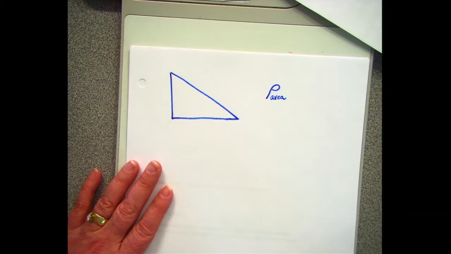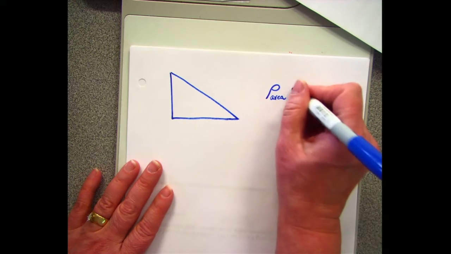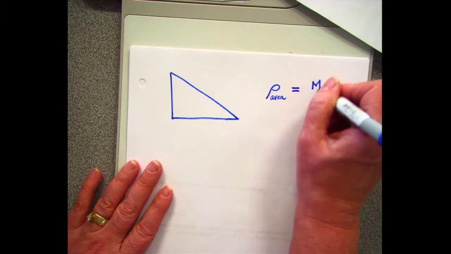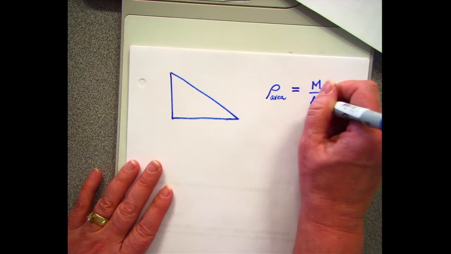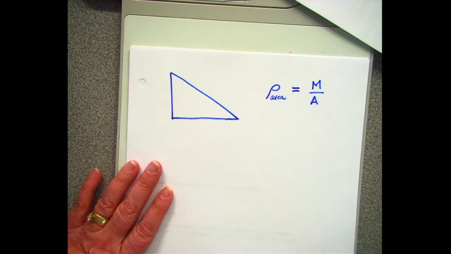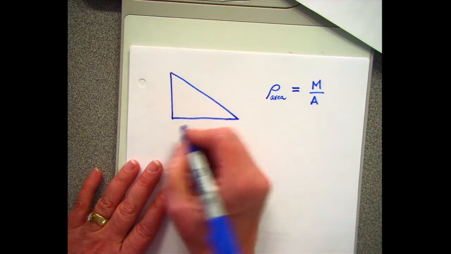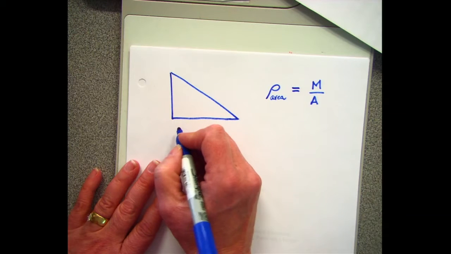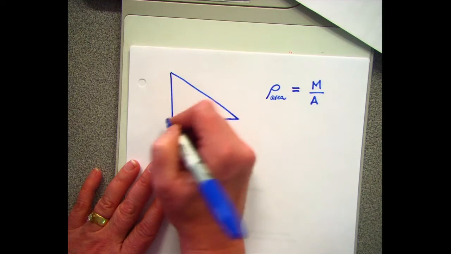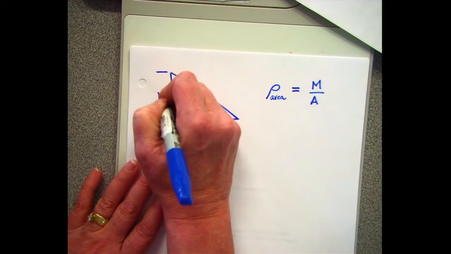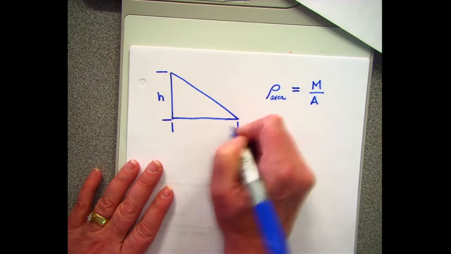This is an area density, so it's going to be the mass divided by my unit of area. We're going to give this height as H, and we're going to give this base as B.